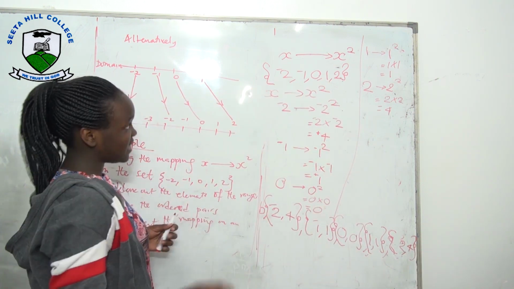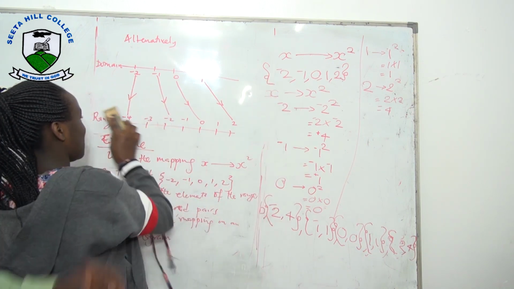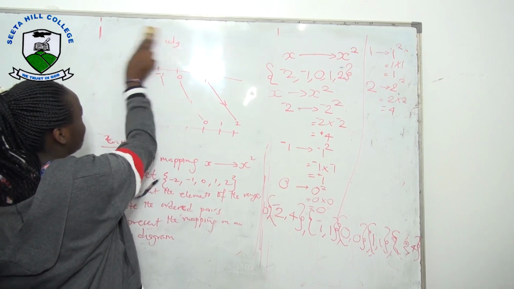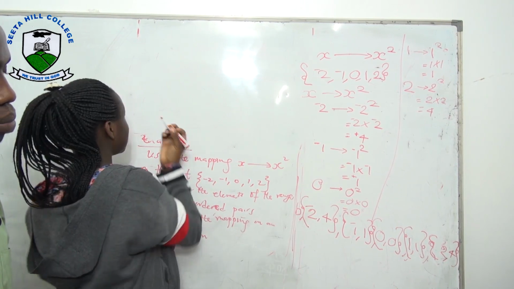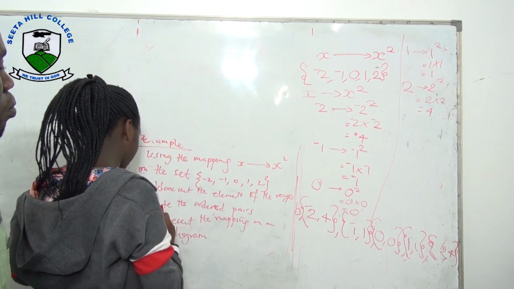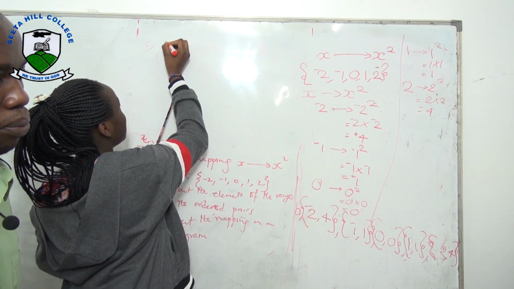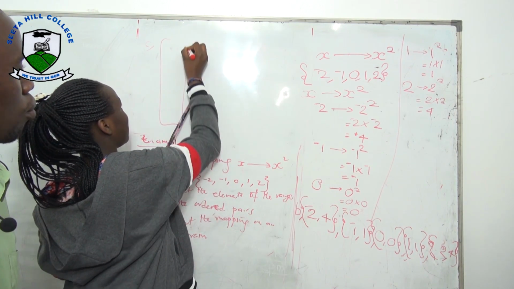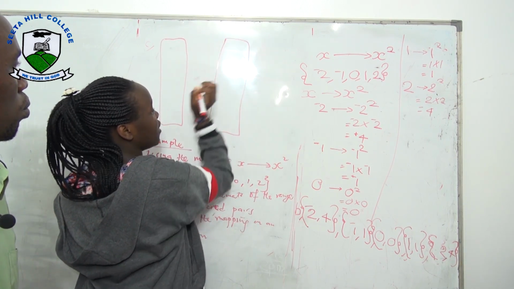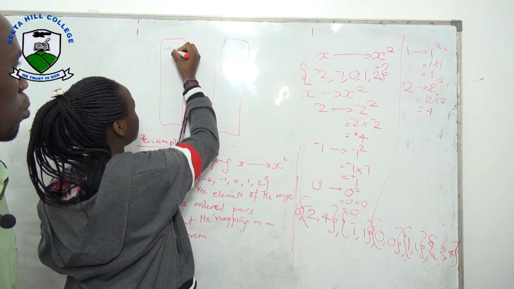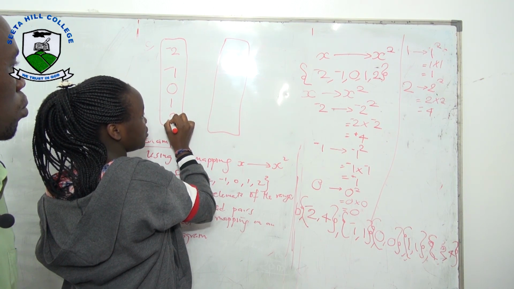Then question C states, represent the mapping on an arrow diagram. I can either use this or a number line, but I've decided to use this method, which is -2, -1, 0, 1, and then 2.